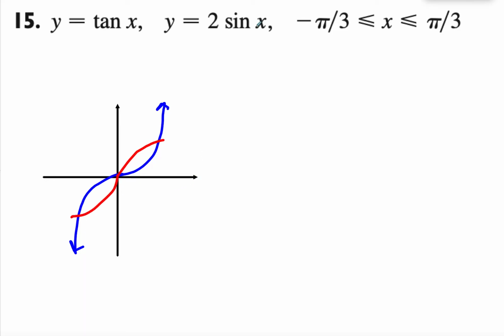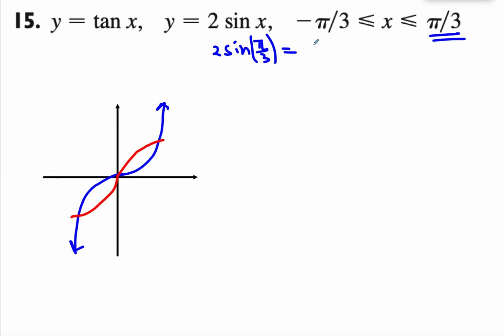So what we can do is, if you have pi over 3, you can easily see pi over 3 would be somewhere around here before the intersections. One of the ways for you to tell is to plug in pi over 3. In this case, 2 sine of pi over 3 gives us radical 3.